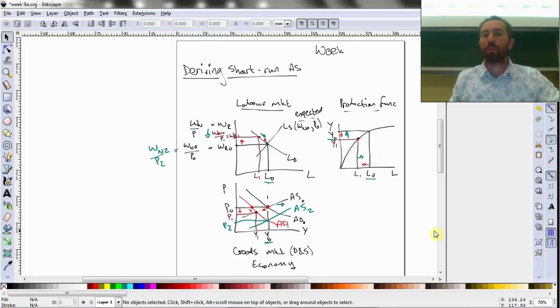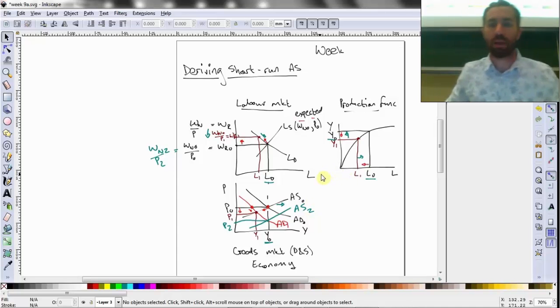We had plotted that positive relationship by essentially adjusting aggregate demand, keeping nominal wages fixed, allowing prices to adjust, and then just moving up and down our labor demand curve. And that movement along that labor demand curve led to movements along the aggregate supply curve.